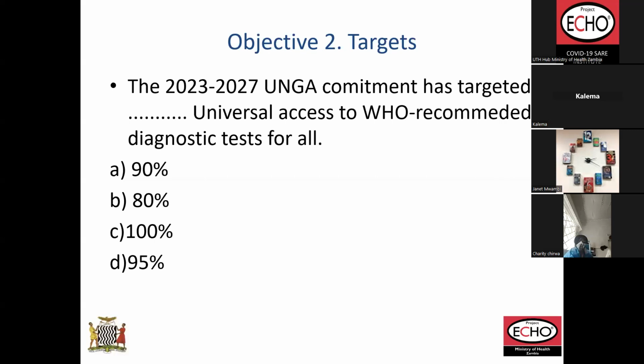Okay, so we have our next poll question, and this poll question is towards the targets. The 2023 to 2027 UN General Assembly commitment has targeted universal access to WHO recommended diagnostic tests for all.